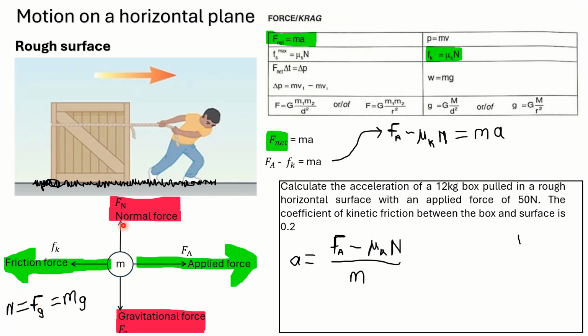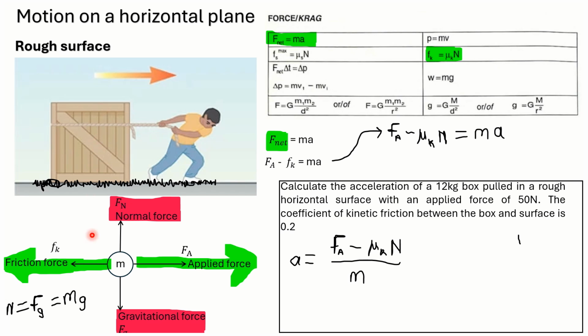Why is the normal force equal to Fg? It is because this box is going horizontally, it's not going up and down. In other words, the normal force is equal to the gravitational force to hold it in a position whereby it will just move in the horizontal direction. In other words, these forces must be balanced. The normal force and the gravitational force must be balanced.